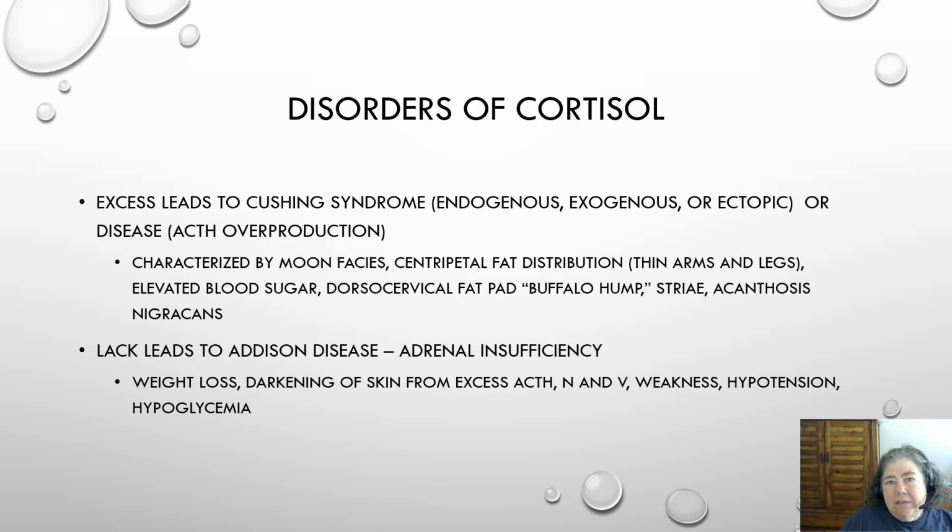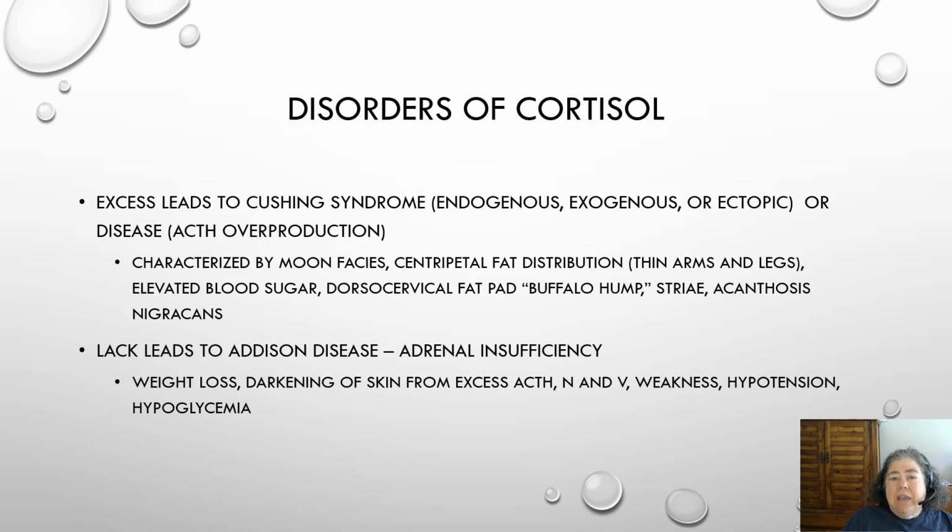When we have excess cortisol, we can have either Cushing syndrome or Cushing disease. Cushing disease we talked about already. Cushing disease results from the overproduction of ACTH in the anterior pituitary, usually from an adenoma.